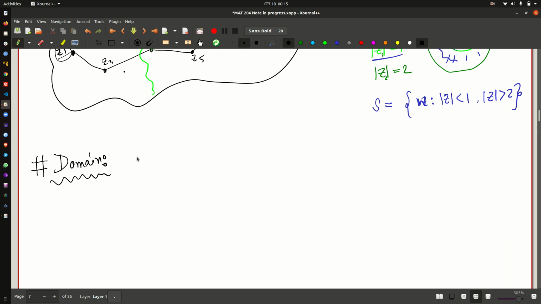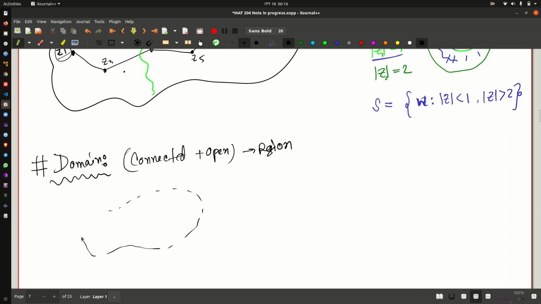It's a connected plus open region. That means you have some region like this, okay, it doesn't have a boundary and it's connected, and this type of region would serve as a domain.